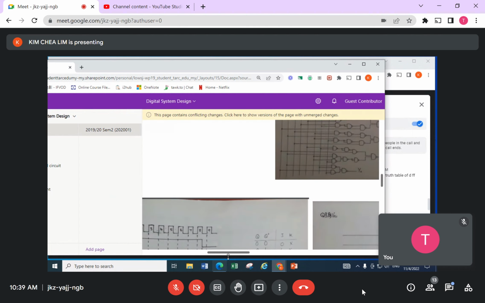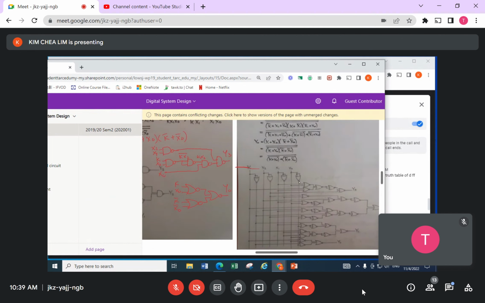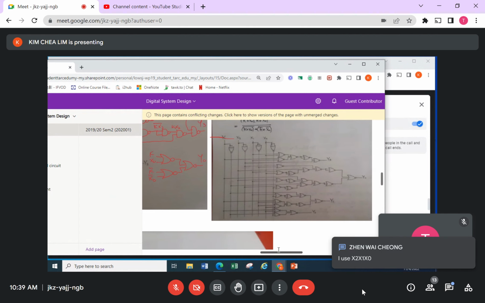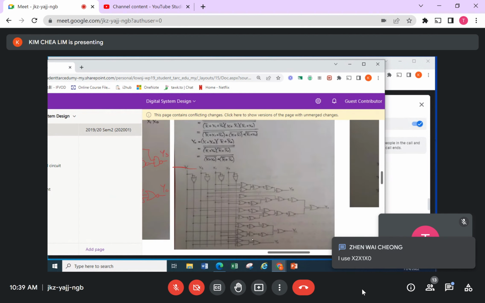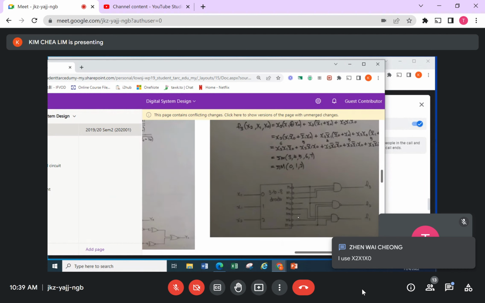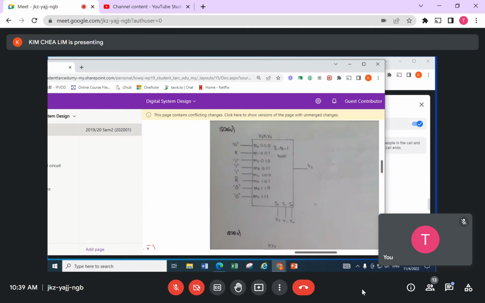So I check this answer from Chan Wai. Wow, really very patient, but I don't want to read this one, headache. So this part here, the multiplexer. Someone is using K instead of what I suggest.